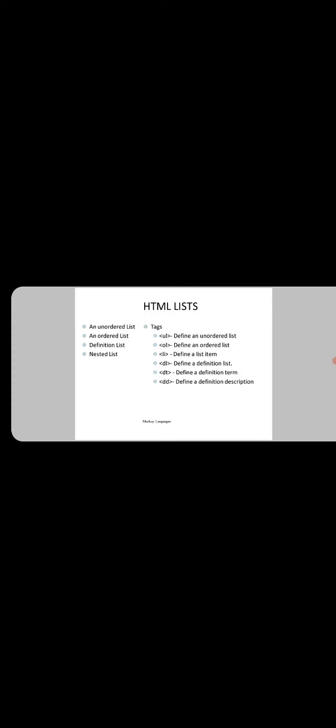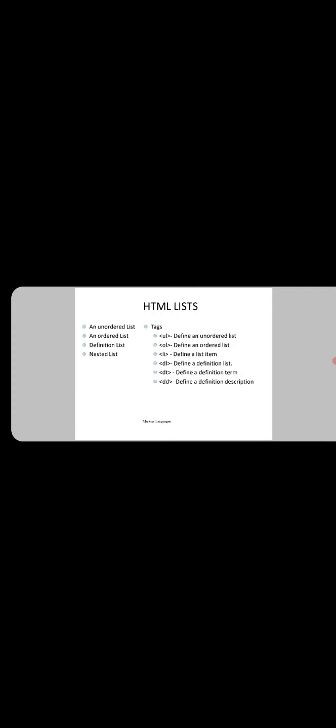They follow some sequence or order, so they are called ordered lists. The second type of lists are called unordered lists.